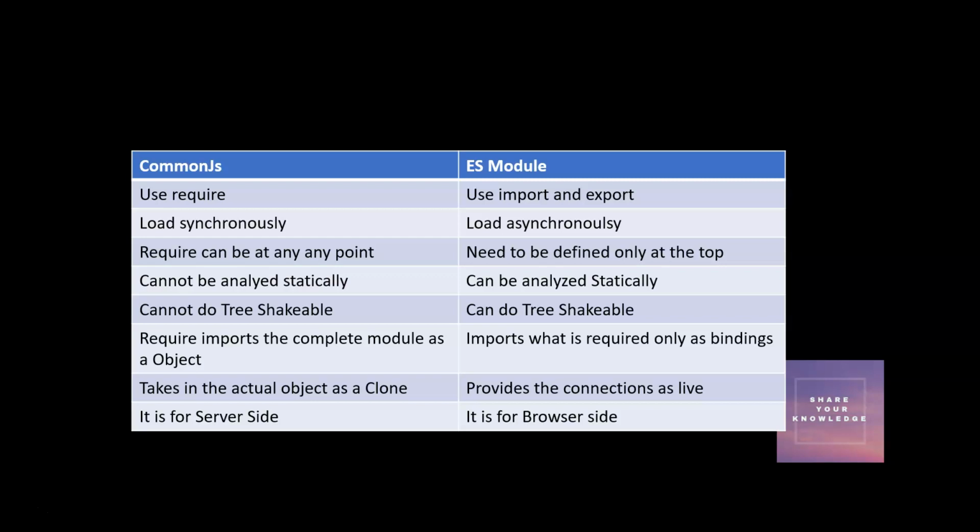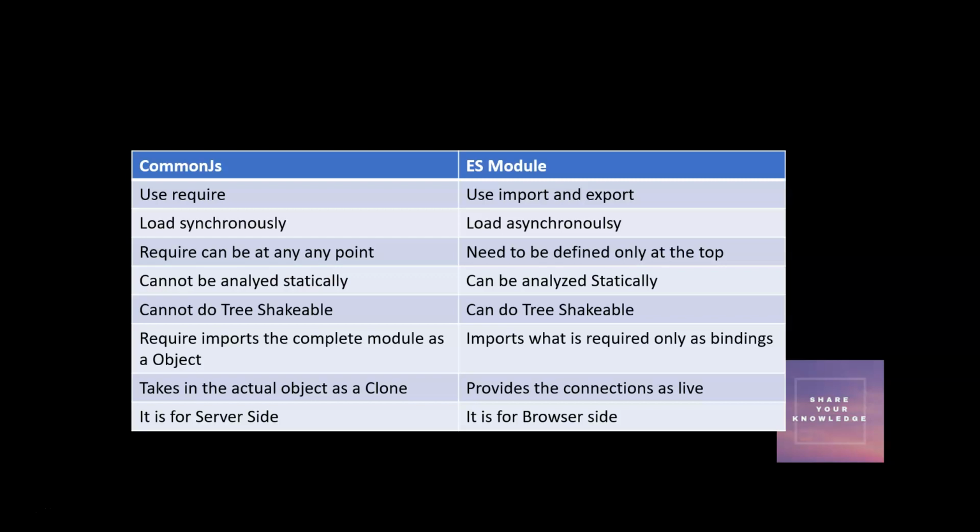Another difference is that when you import from a CommonJS module, it comes as a copy, but in the case of ES module, it comes as a live binding. So if any change happens in the module, the change will be reflected in ES module because it is a live binding. But in CommonJS, it is just a copy; every time you require it, it comes as a copy from the other module.